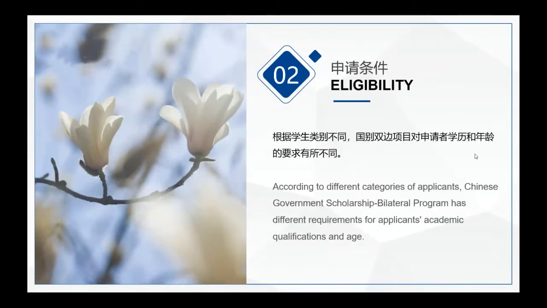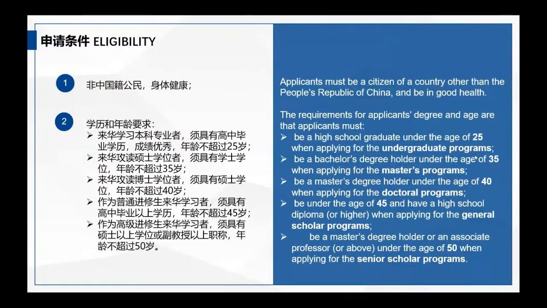So this is the general introduction of the program. If you are willing to apply, please pay attention to the next parts. According to different categories of applicants, the bilateral program has different requirements for applicants' academic qualifications and age. The specific requirement is as follows. First, you need to be a citizen of a country other than the People's Republic of China and be in good health.